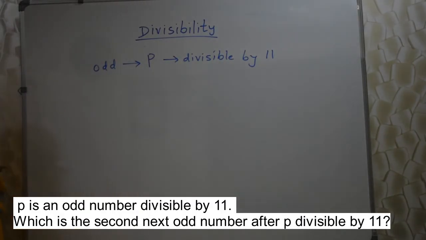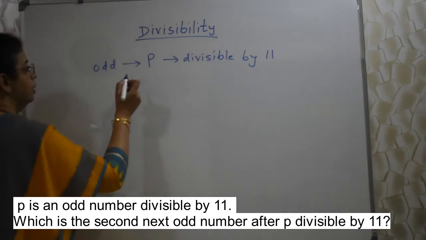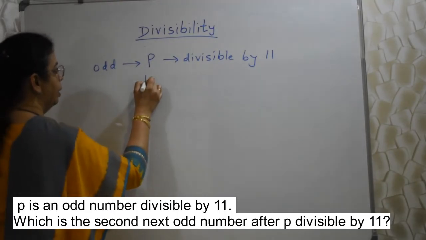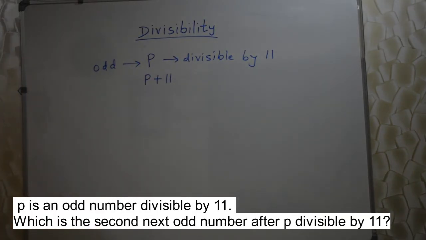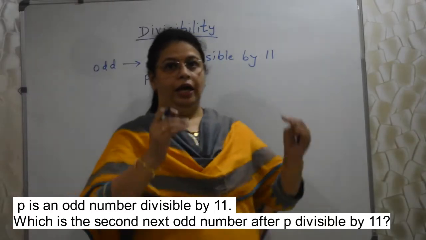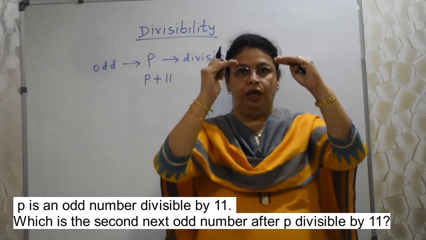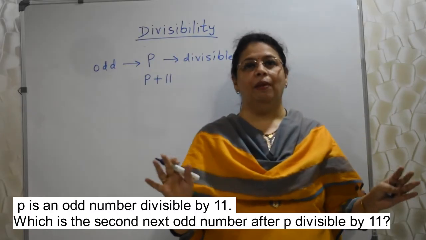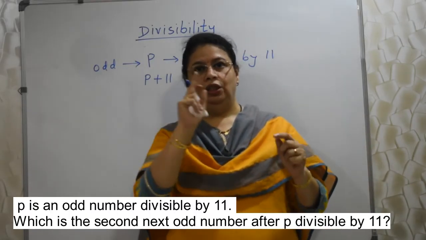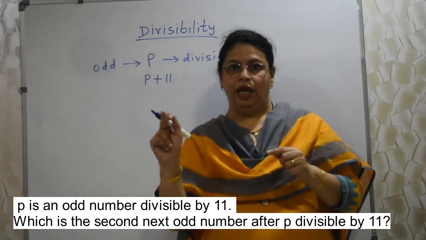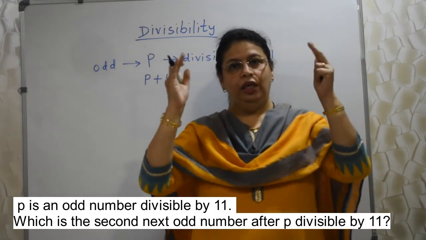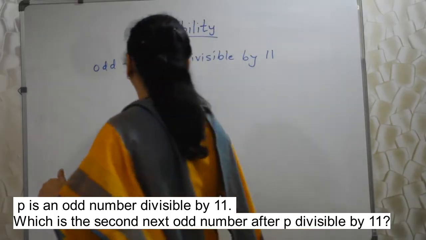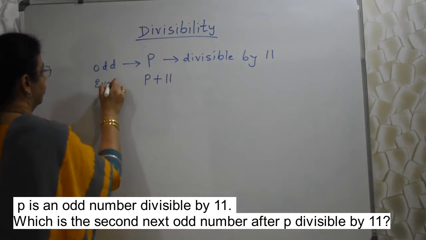They want us to find out the second odd number after P which is divisible by 11. See, P के बाद next divisible by 11 number will be P plus 11. But any odd numbers table, the number एक odd आता है, odd से चालू होता है, odd के बाद दूसरा even. Take easiest example, 3 odd है, 3 का टेबल देखो, 3 1 जा 3, 3 2 जा 6, 6 even है, then 9, 9 odd है, 12 even है. तो any odd number if you form a table, the first number has to be odd, then even, then odd, then even, like that.